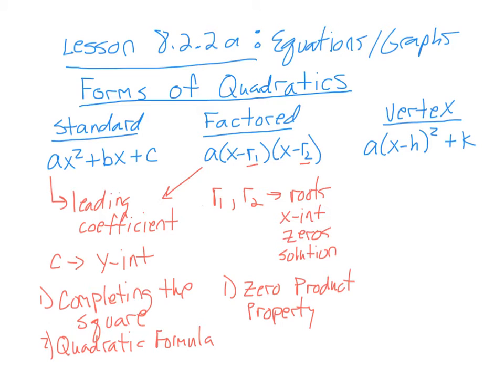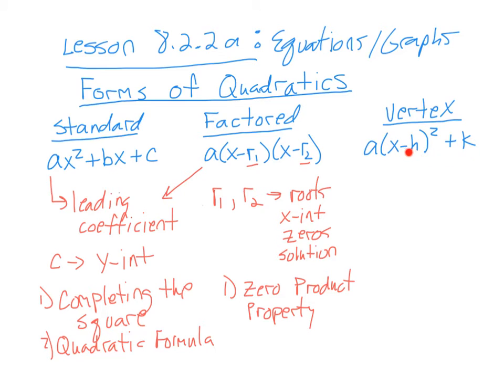The other form we're looking at here is the vertex form, and it has a very interesting format to it. Notice that this x minus h quantity squared looks similar to this, but it's not the same, and it's a square, which we call a perfect square that you've already looked at. Our leading coefficient, as you can see, is still going to be a, and it's the same as this a and the same as that a for any given quadratic.